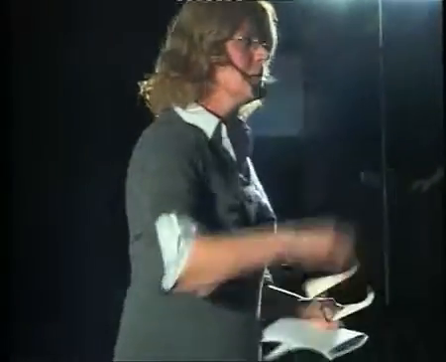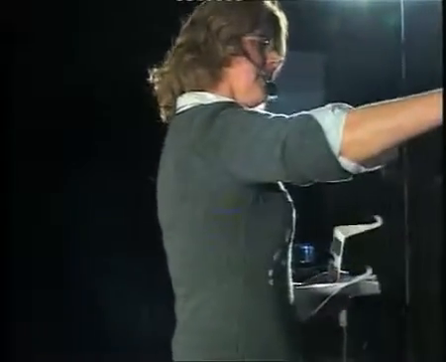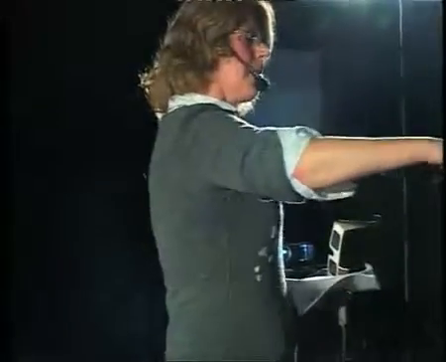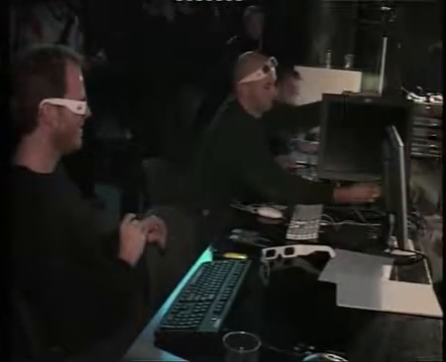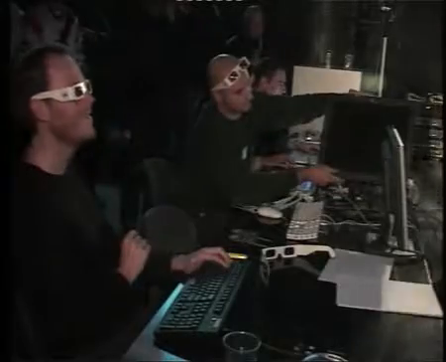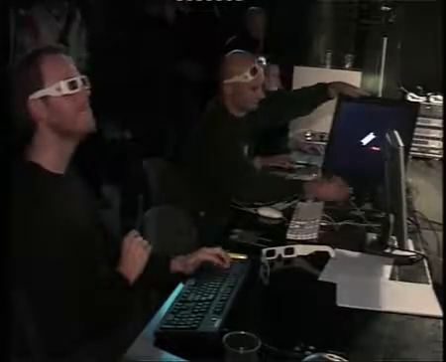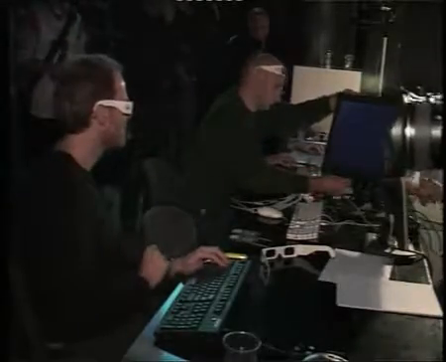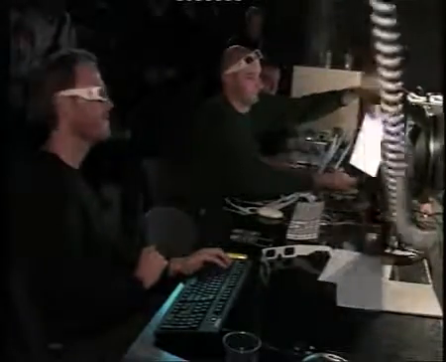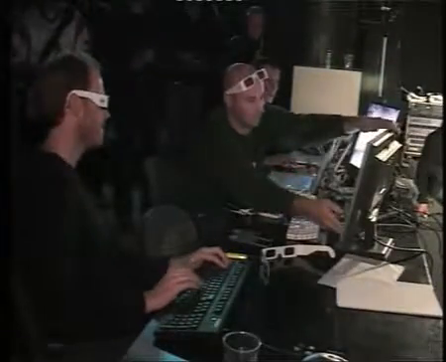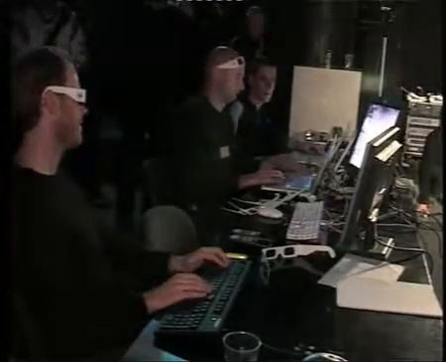I don't know if you can see on that side what Rob and Aart are doing. So you can see what I'm seeing.